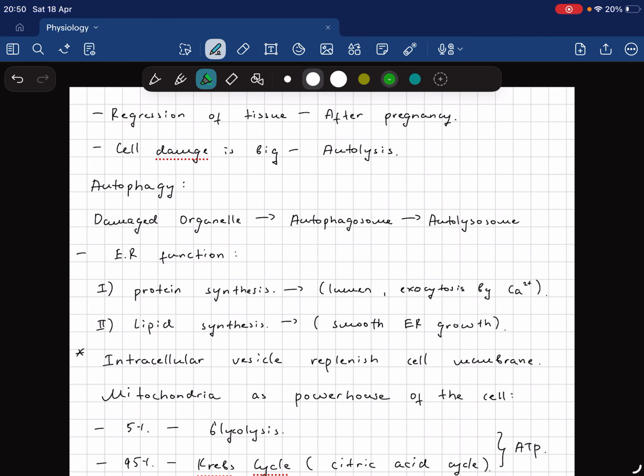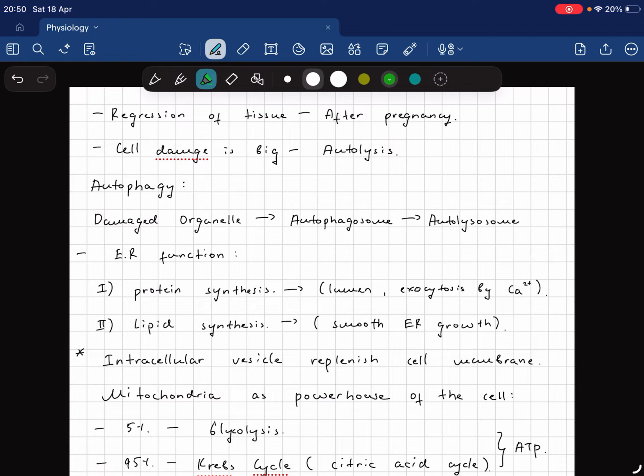There are some cases where you need to become smaller after certain activities. For example, after pregnancy or after the delivery, you have to regress the tissue and make it smaller. The uterus is becoming smaller, right?